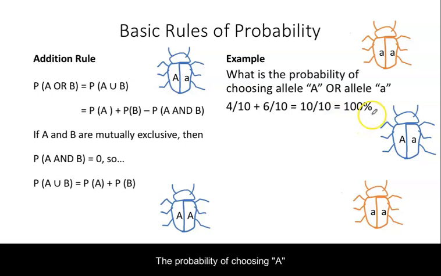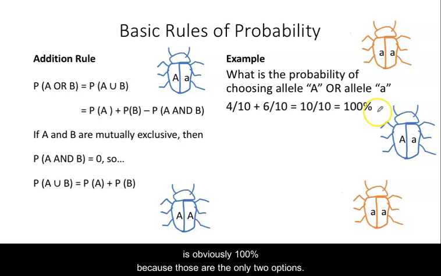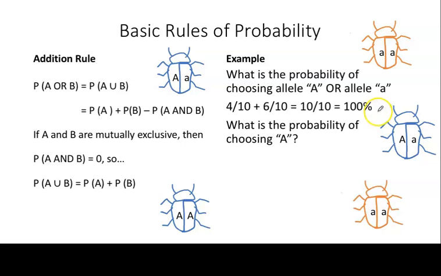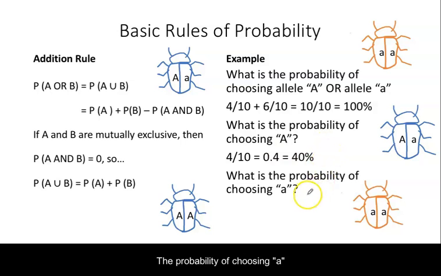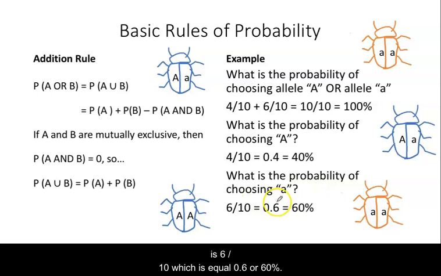So the probability of choosing big A or little a in this population is obviously 100% because those are the only 2 options. The probability of just choosing big A is 4 out of 10, which equals 0.4 or 40%. The probability of choosing little a is 6 over 10, which is equal to 0.6 or 60%.